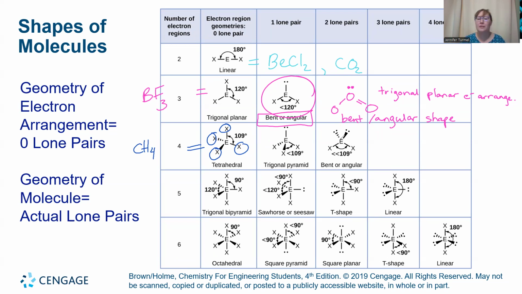I don't have a printout. But see how in this one you have one little dot pair up there. So an example of this might be ammonia. Let me bring this out here. And an example of this might be ammonia like this.